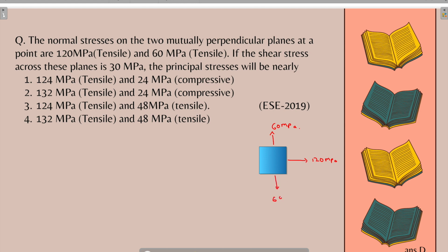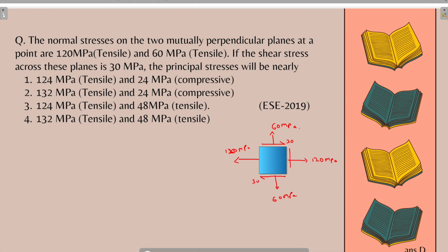This is 60, this is 60, and this is 120. So these are the stresses acting on the body. Also, a shear stress of 30 MPa is acting on the body. Let me draw the shear stresses first. This is 30, this is 30.